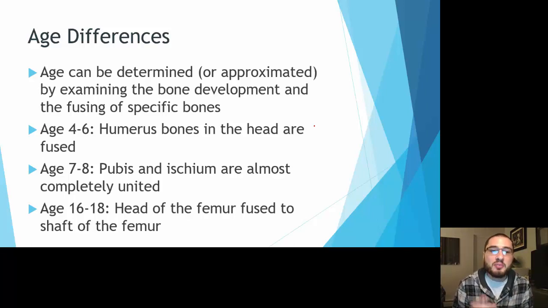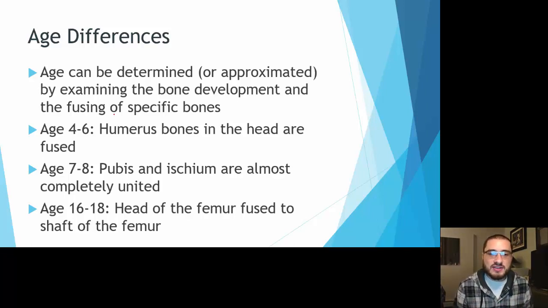If they're not, but the head of the humerus bone is fused, then we know that they're probably between 6 and 7 years old. We're using this to try to figure out how old this individual is. We see between 16 and 18, the head of the femur is fused to the shaft of the femur. So these are all things that we can use.